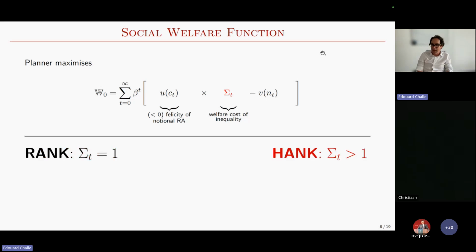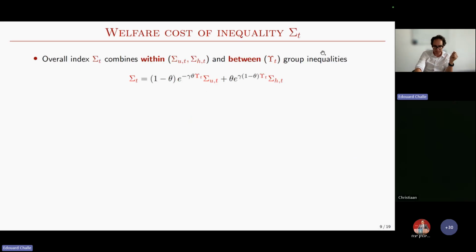In HANK, big sigma is going to be hovering above 1. Remember that we have a CARA utility function, so U of C is negative. So a higher value of big sigma is going to reduce social welfare, this big W 0. And aggregate shocks are going to affect this value of big sigma, and the planner will worry about that because this is the cost of inequalities.